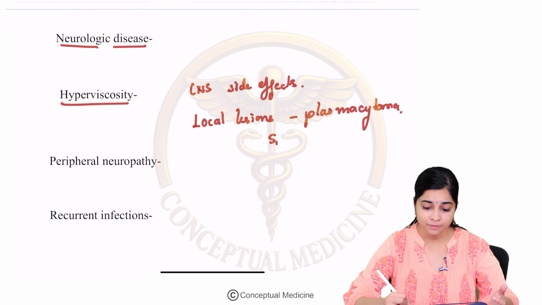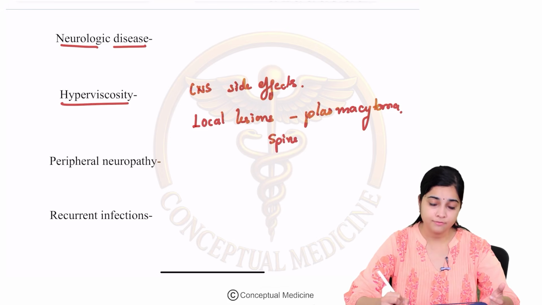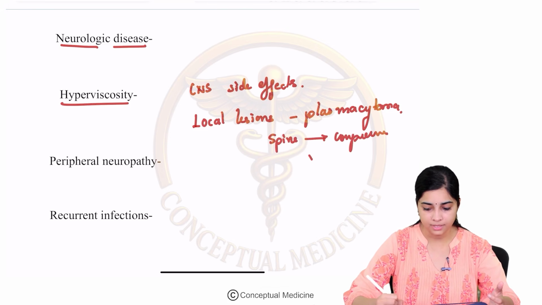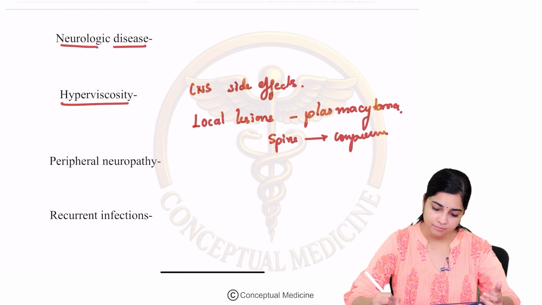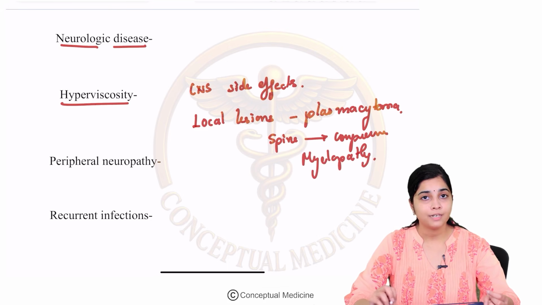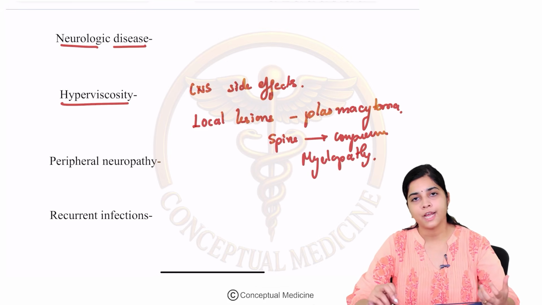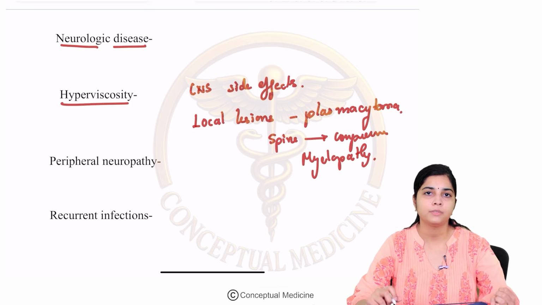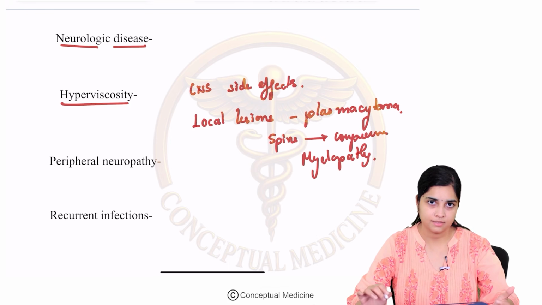They can also be found in the spine, and once found in the spine, they can cause compressive myelopathy. Apart from this, there can be pathological fractures in the spine, and again this can also result in compressive myelopathy, weakness in the lower limbs, paraparesis.